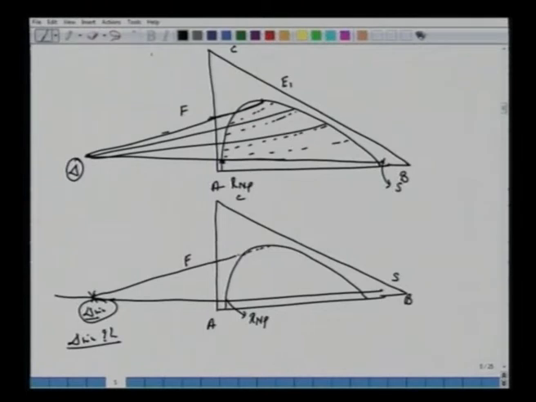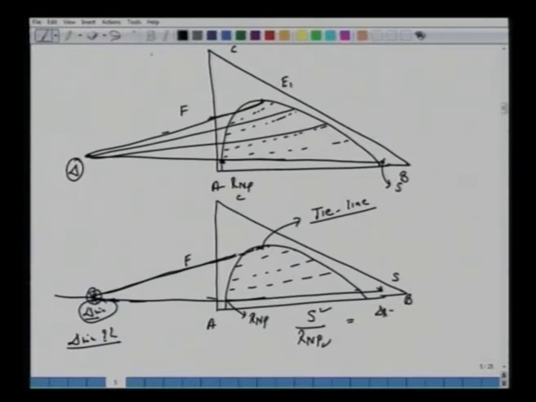Once we locate this del R min, by our definition for solvent, we can apply the lever rule along this line. The amount of solvent S divided by R and P, the amount of solvent per amount of this raffinate, will be equal to the segment del R min to S over R and P is the segment del R min to R and P. So this segment divided by R and P, so we have the total segment del R min.